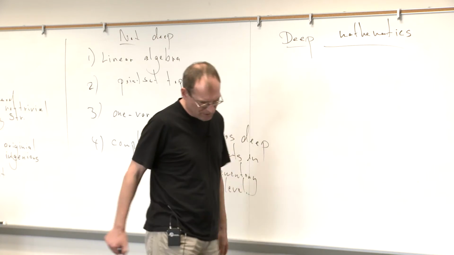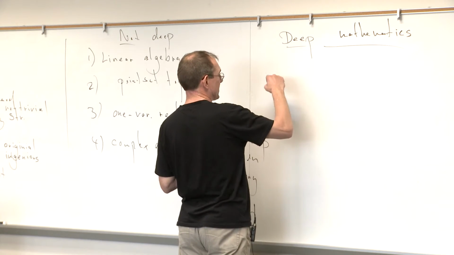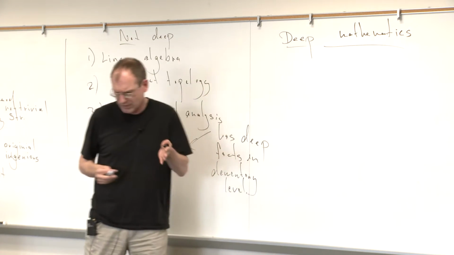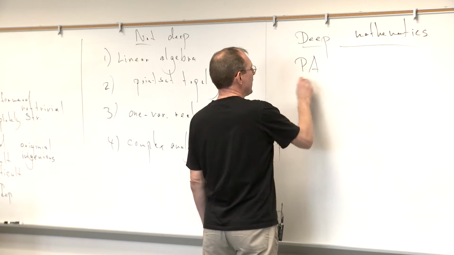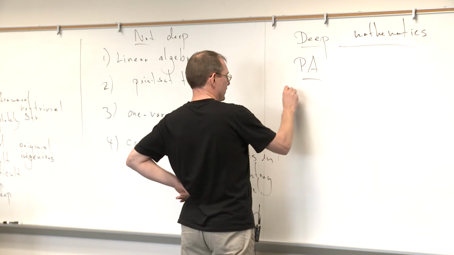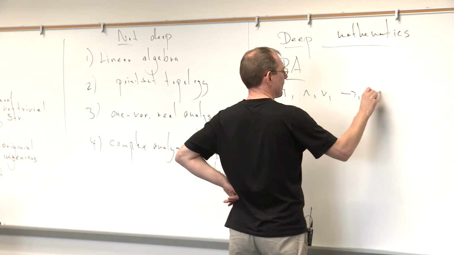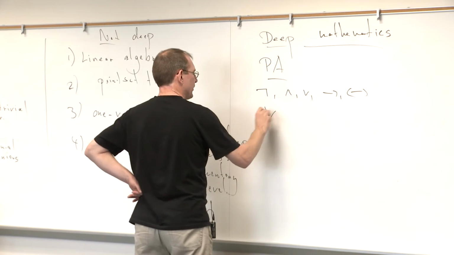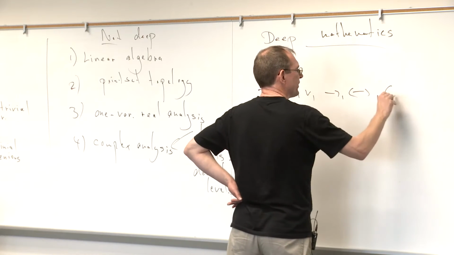In one of the chapters, he develops what we call Peano arithmetic. He gives it another name, he calls it TNT, I forget. So Peano arithmetic, and a quick reminder, what do you have in Peano arithmetic? You have the usual symbols of propositional calculus. You have quantifiers. You have maybe parentheses.